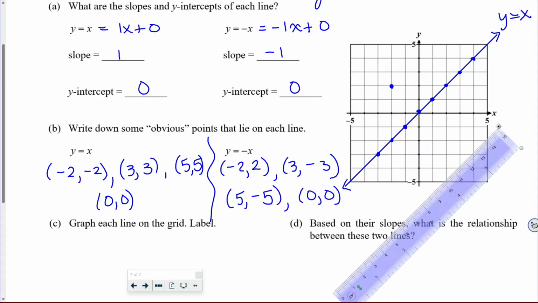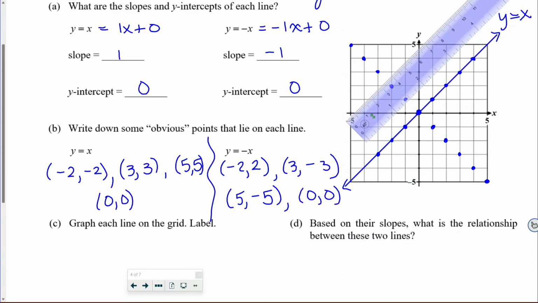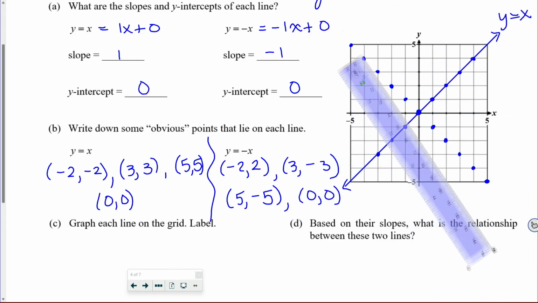And likewise, y equals negative x, a little bit trickier, right? Negative 2, 2, that's right here. 3 comma negative 3, that's right here. 5 comma negative 5, that's down here. 0, 0's here, right? So this is almost the exact same line. It goes through the origin and through the corners of all the squares, but it's a downward sloping line instead of an upward sloping line, right?